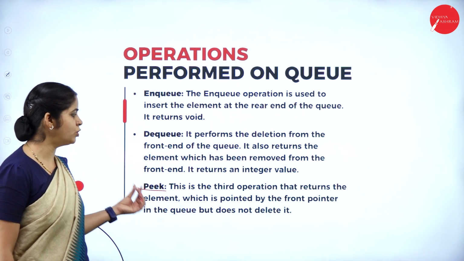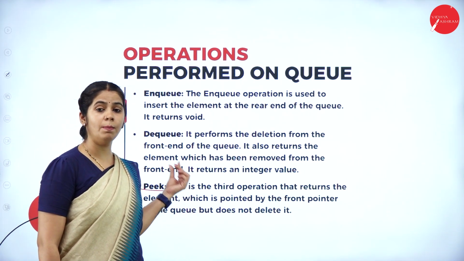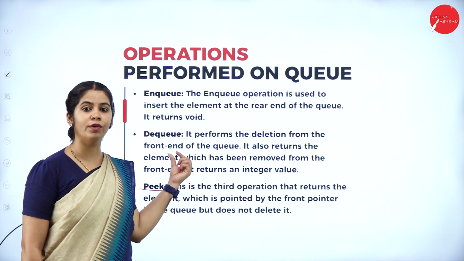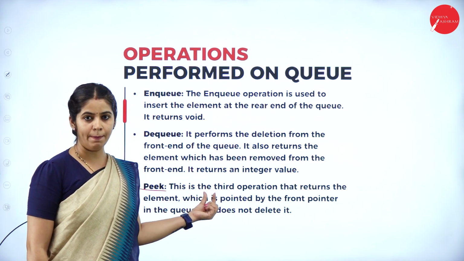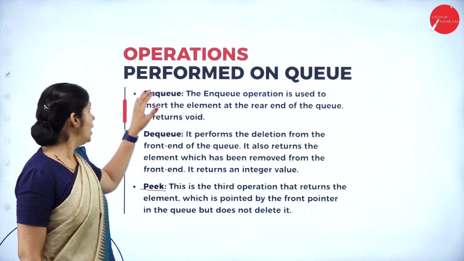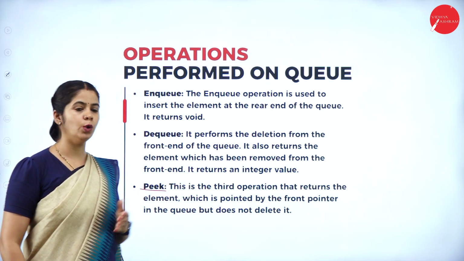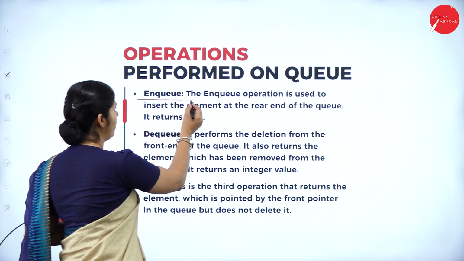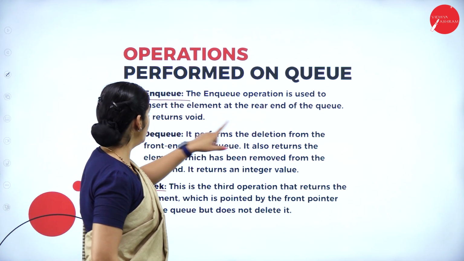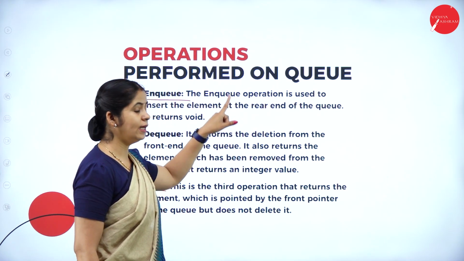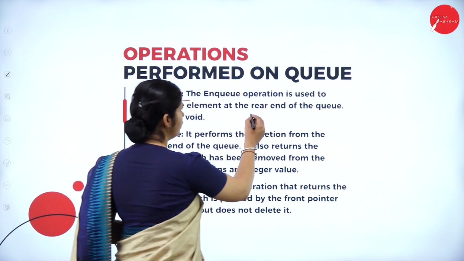What does this peek operation do? The peek operation will only point to the front pointer element. It won't delete anything. NQ means inserting an element into the queue, and it is called the NQ operation. It is used to insert the element at the rear end of the queue.